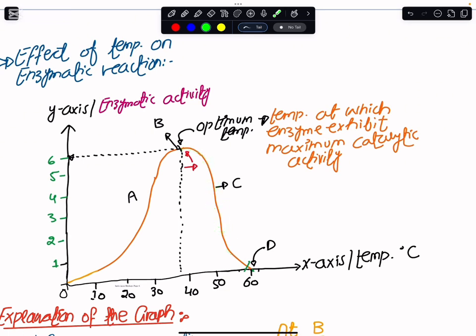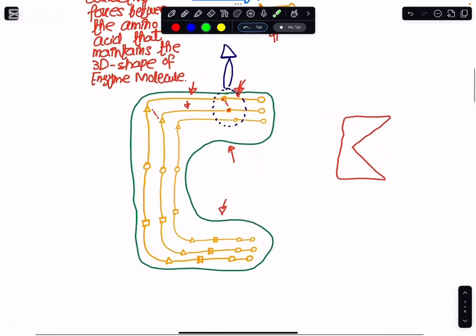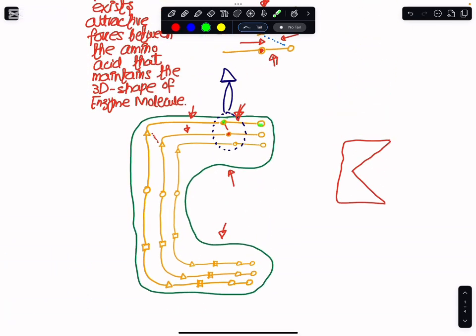The reason is that when you increase the temperature beyond 38 degrees centigrade in the case of human enzymes, the attractive forces between the amino acids, which determine the three-dimensional configuration of the enzyme's active site, would start to break down.